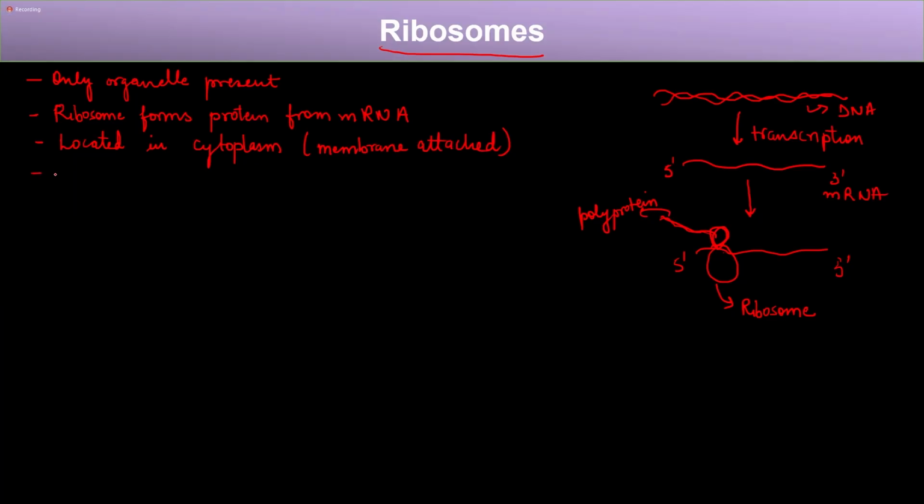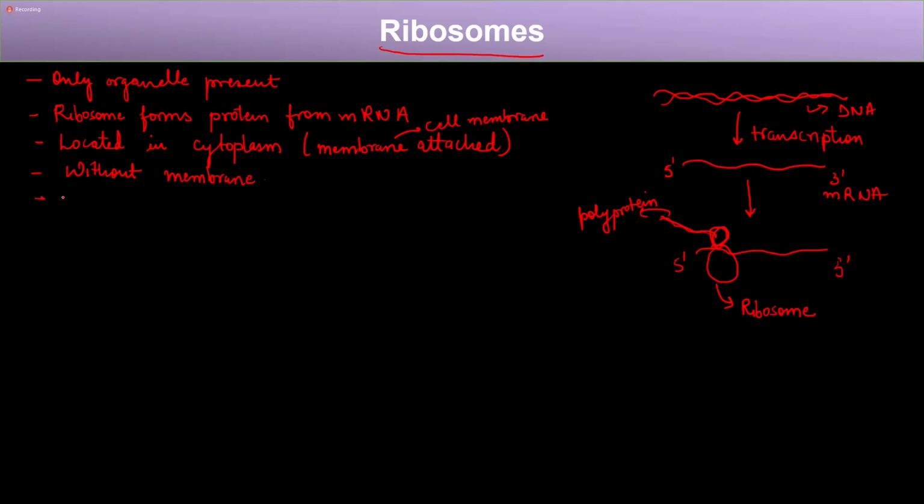The membrane I am talking about is the cell membrane, so it is attached to the cell membrane. But does the ribosome have its own membrane? The answer is no. So this organelle is without membrane.